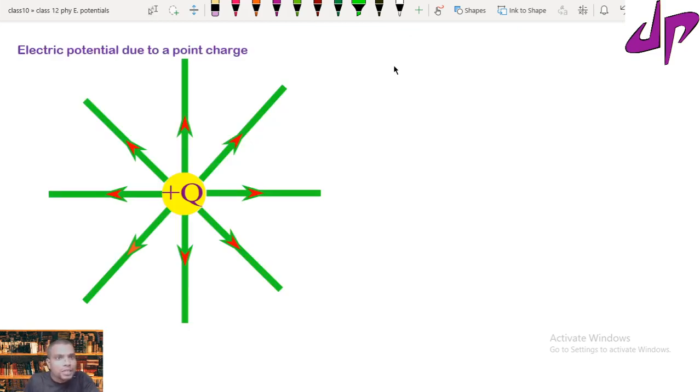Let's try to find the electric potential due to a point charge.